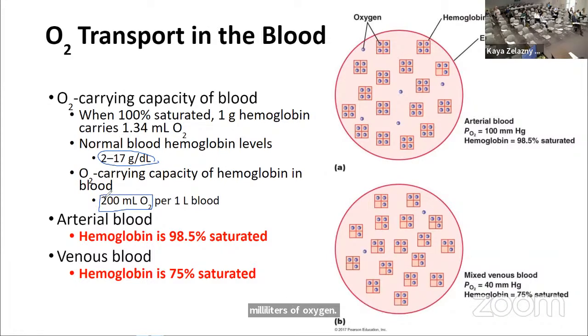So you can carry 200 milliliters of oxygen in a liter of your blood. That's when it's saturated. So that's like the maximum. In our arterial blood, we're almost at saturation. So we're going to be 98.5% saturated. Venous blood, we're at about 75% saturation.